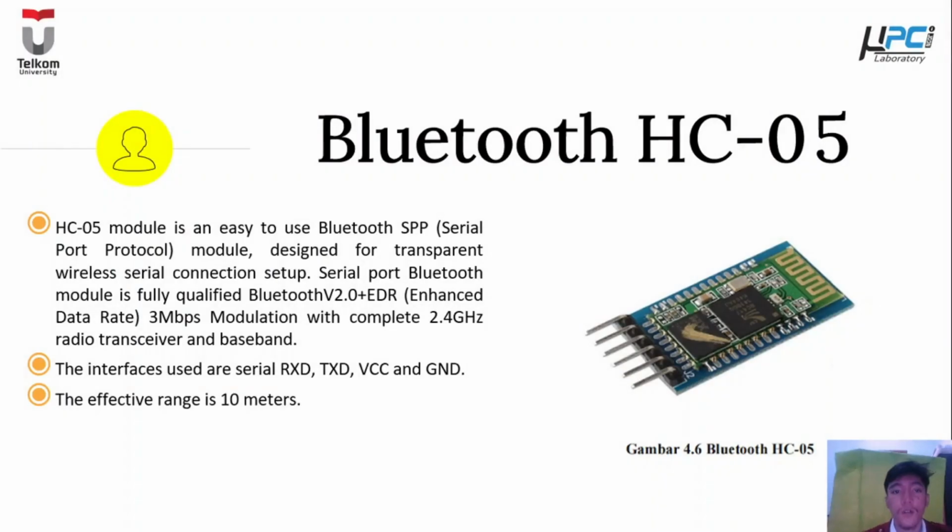Interfacing. In this practicum, we're going to use the Bluetooth HC-05 for interfacing. This Bluetooth module is an easy to use Bluetooth SPP, or Serial Port Protocol module, designed for transparent wireless serial connection setup.